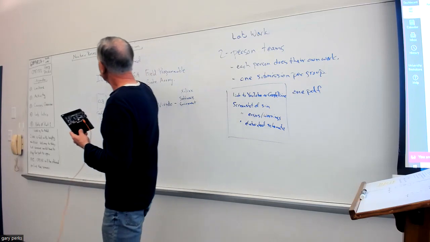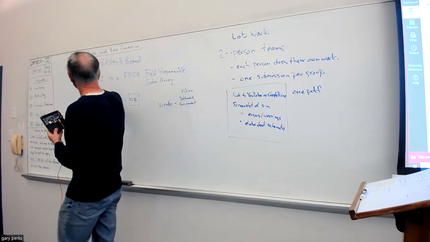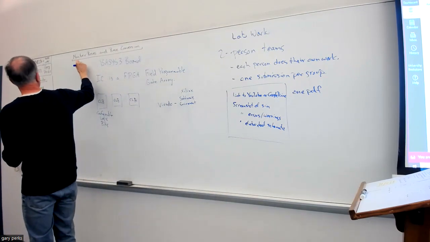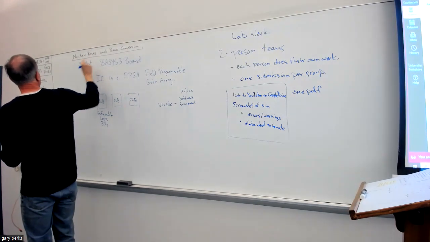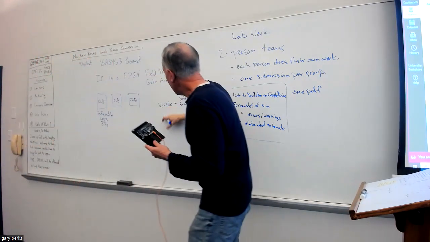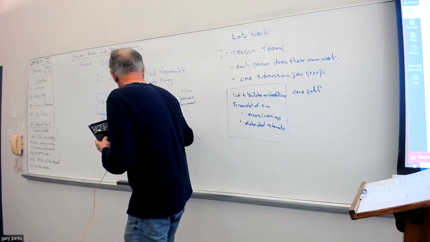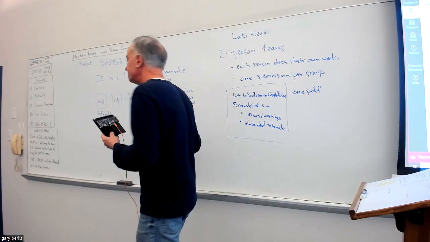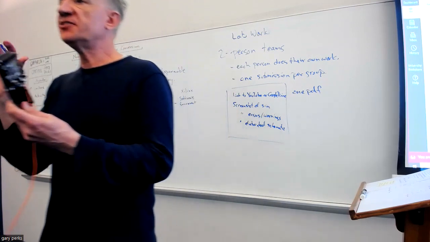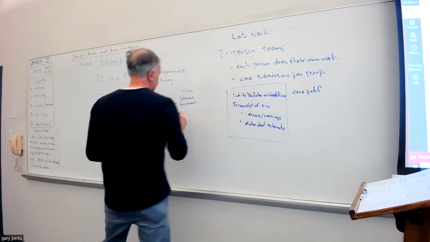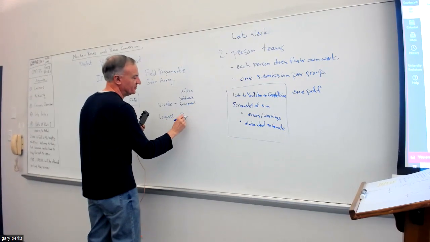And the company where you get the Basys board from, that's Digilent. So Vivado is the software environment. The language that you're going to be learning, that models digital hardware, is SystemVerilog.